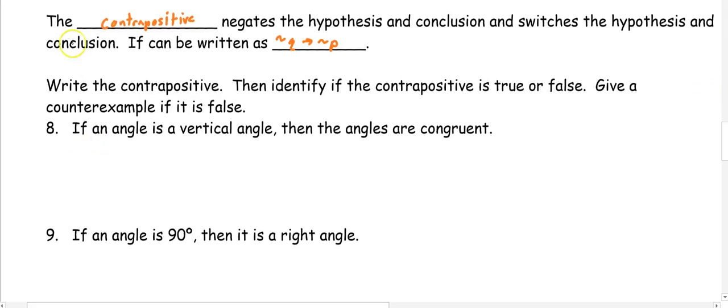So number 8, we have if an angle is a vertical angle, then the angles are congruent. So we have our hypothesis and our conclusion that need to switch order again, and we need to make them the opposite.